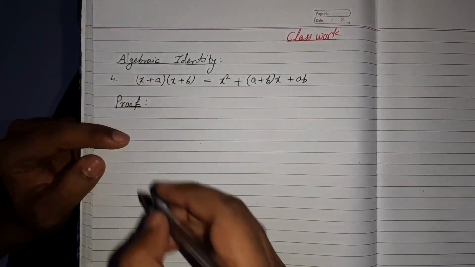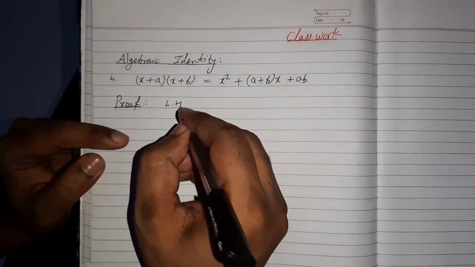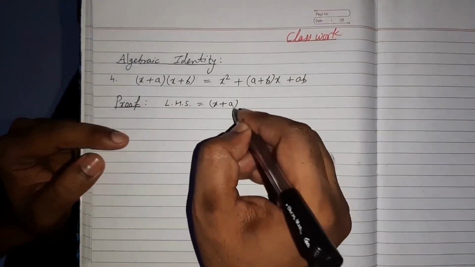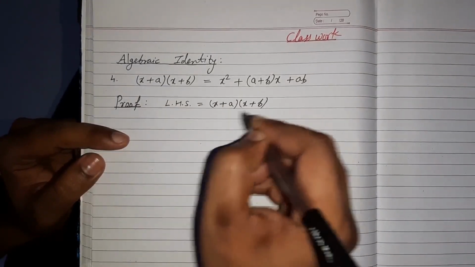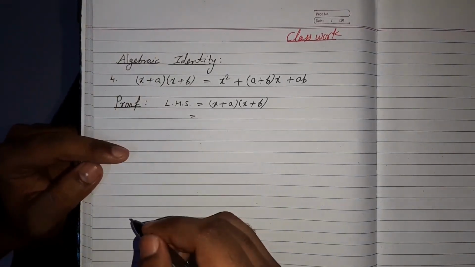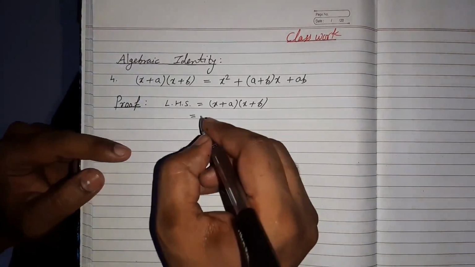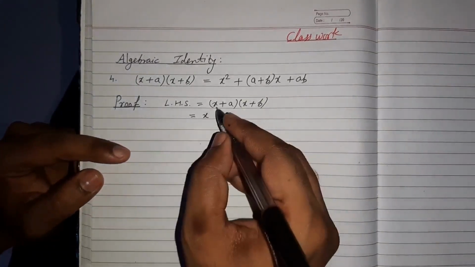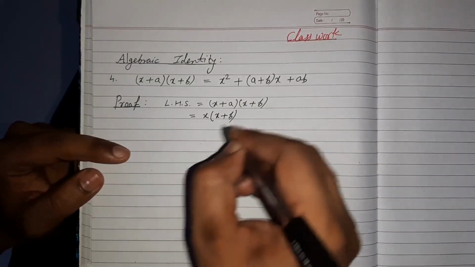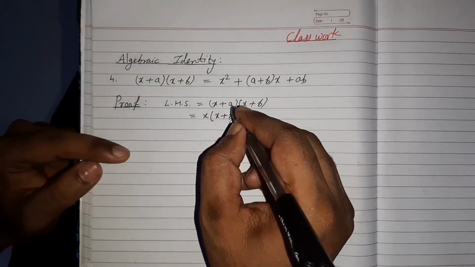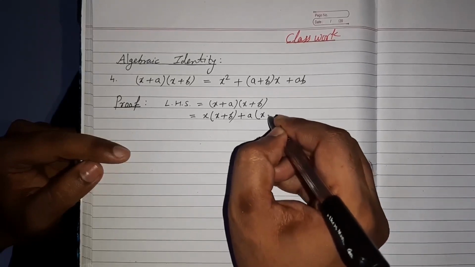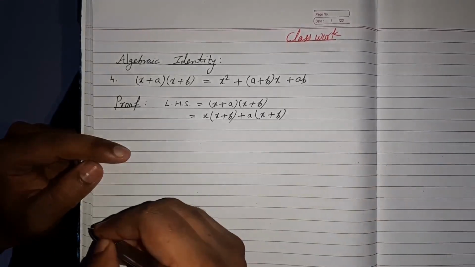Proof. The LHS part is (x + a)(x + b). Now we will simplify these two brackets. First we will take the first term of the first bracket and multiply by the second bracket (x + b), then we will take the second term of the first bracket and multiply by the second bracket (x + b).